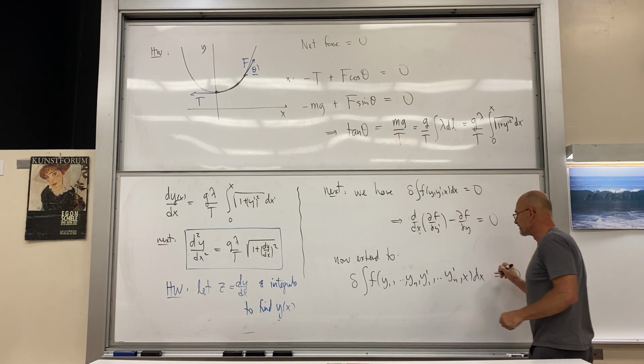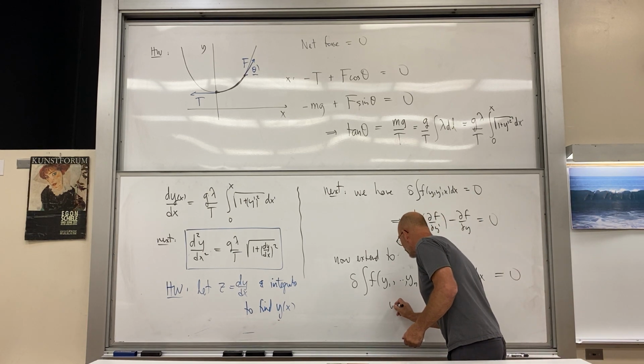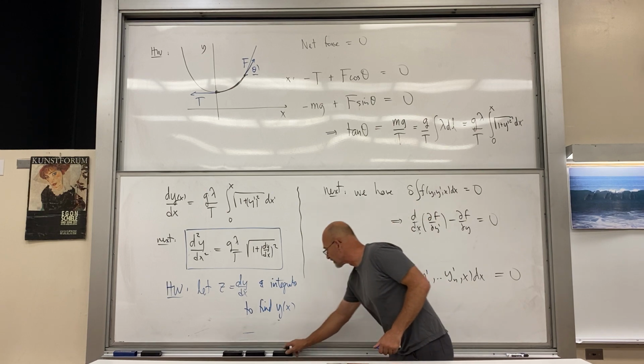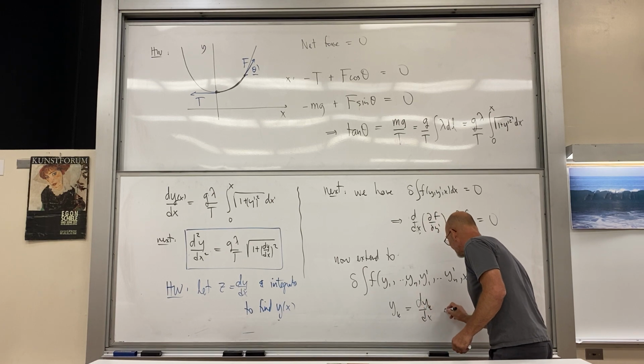So now we want to do the variation of something like this, and I'll just write y sub k prime is equal to d y sub k dx, etc.